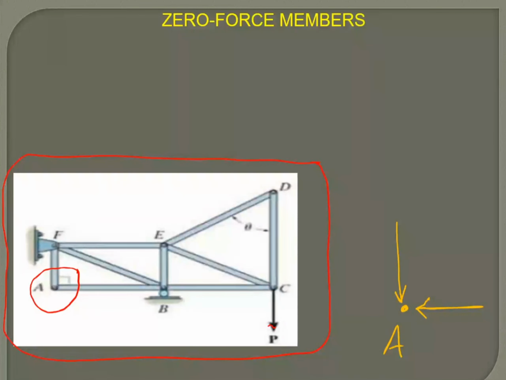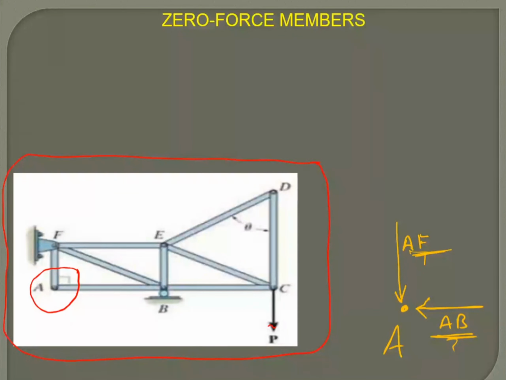So I've got a force because of member AB here, and a force because of member AF here. Now I want you to find the force AB and AF. Apply the equation of equilibrium on point A.